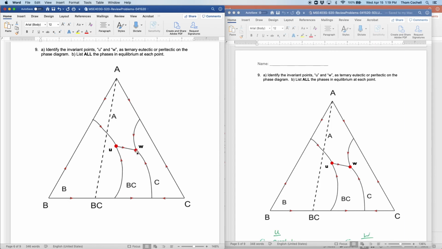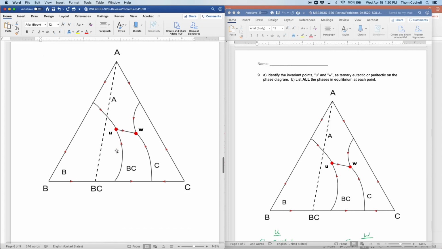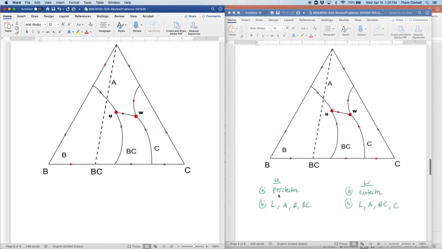So we know W is a eutectic. Then if we have any variation in that, where one or more goes away from that point, we know it's a peritectic. U here has 2 going down, but this one over here goes up, and so that's a peritectic. So that's the first method, and you'll see in my solutions that's what we have: U is a peritectic, W is a eutectic.